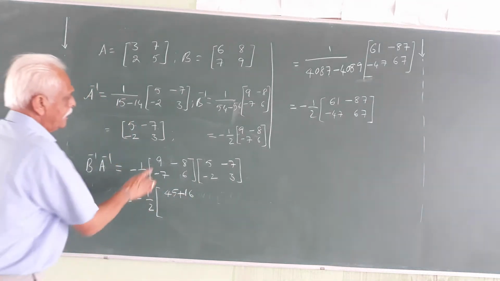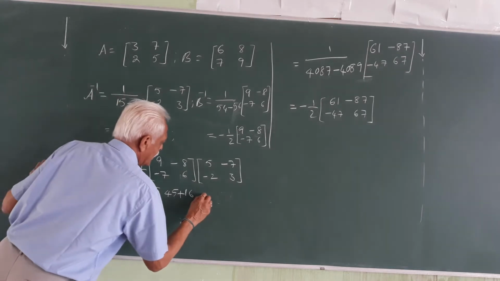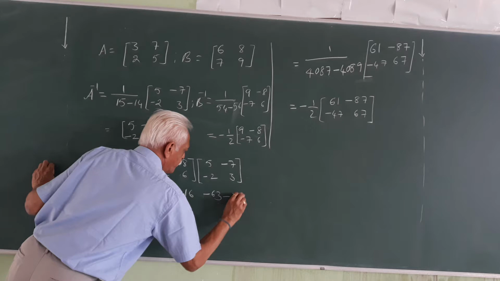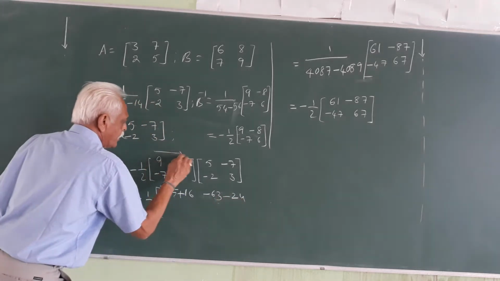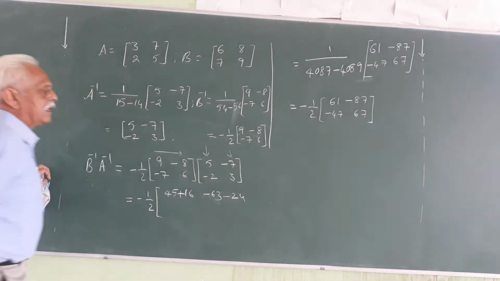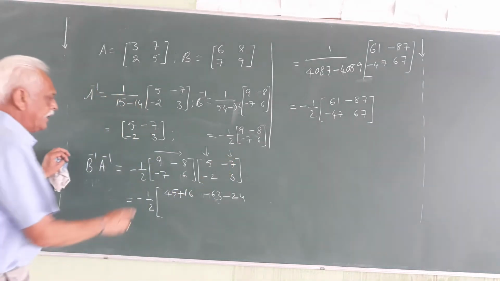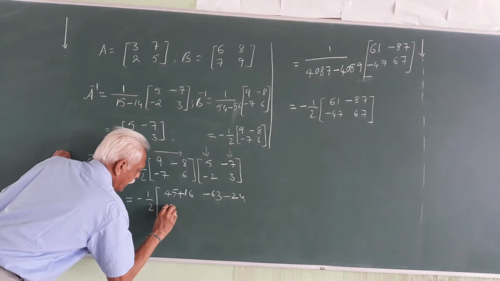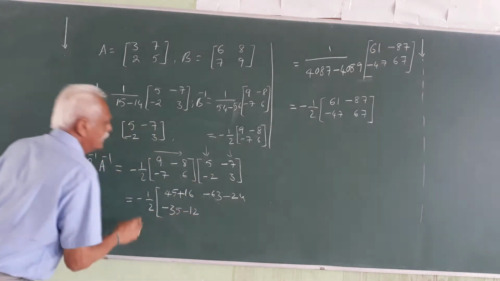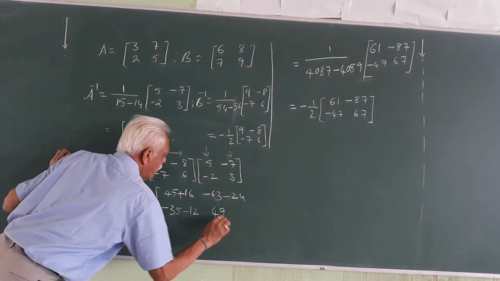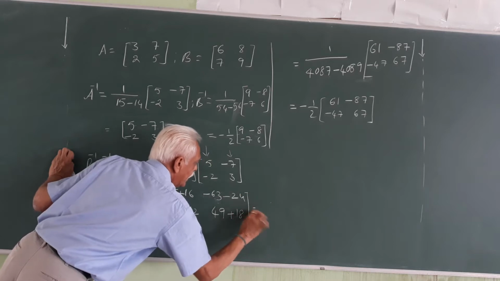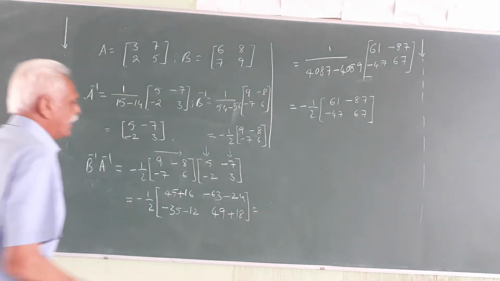Next, minus 63 minus 24. This row into this column, again this row into second column. Multiplication is very, very important. Then minus 35 minus 12, 49 plus 18. What are you getting?